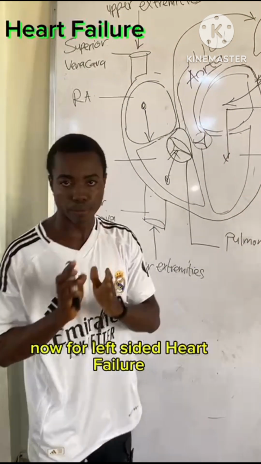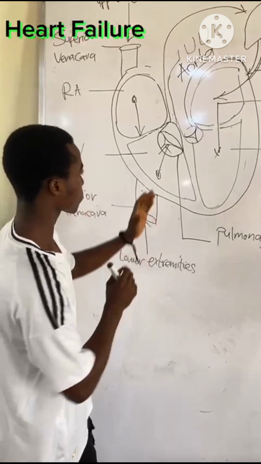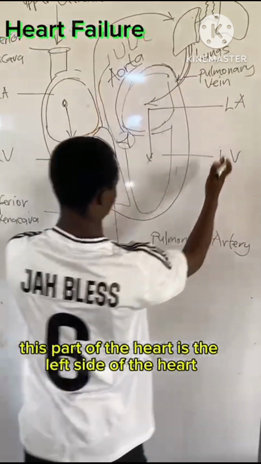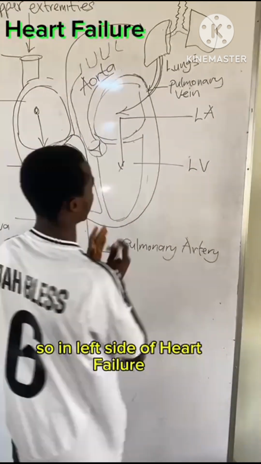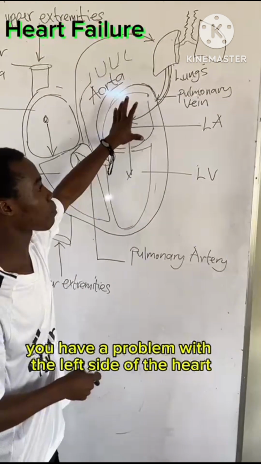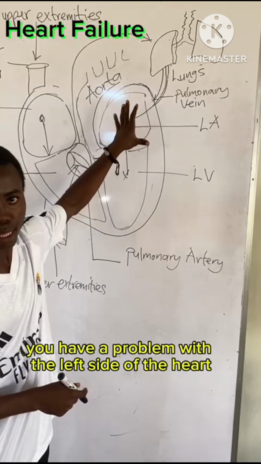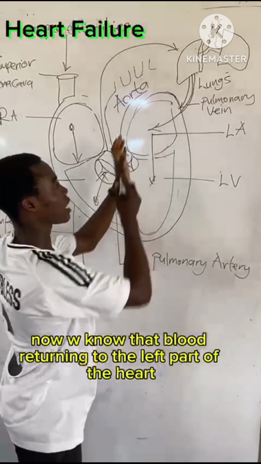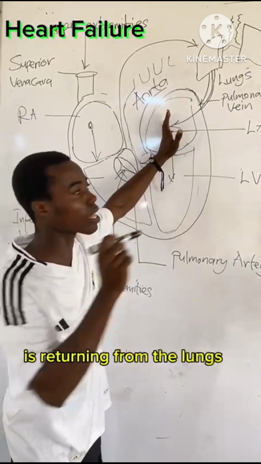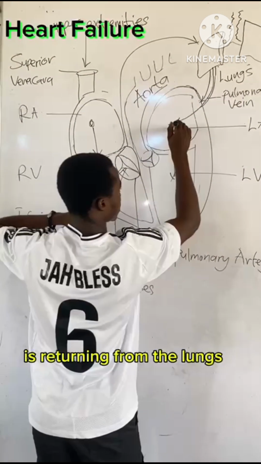Now, for left-sided heart failure, this part of the heart is the left side of the heart. So in left-sided heart failure, that means we have a problem with the left side of the heart. Now, the blood returning to the left part of the heart is returning from the lungs.